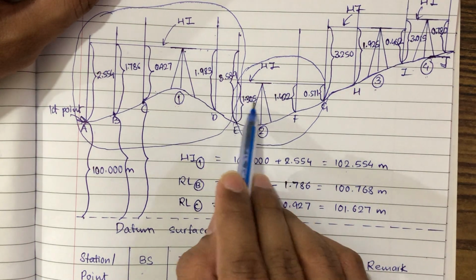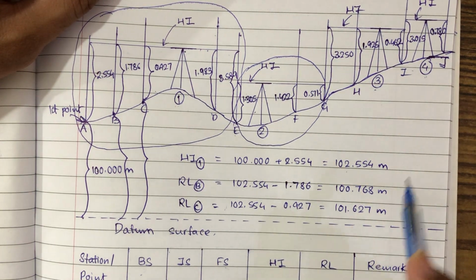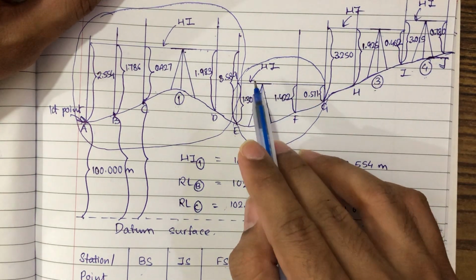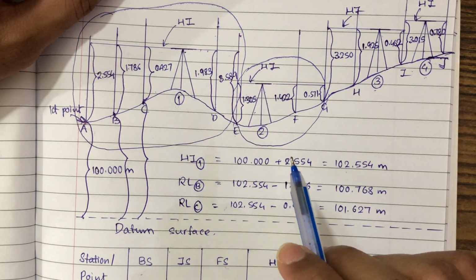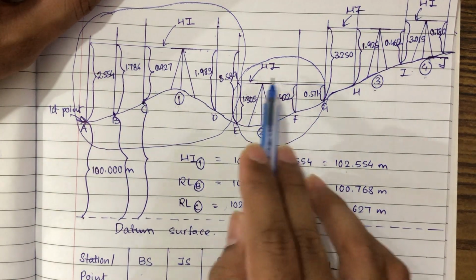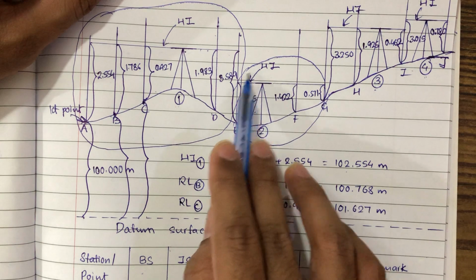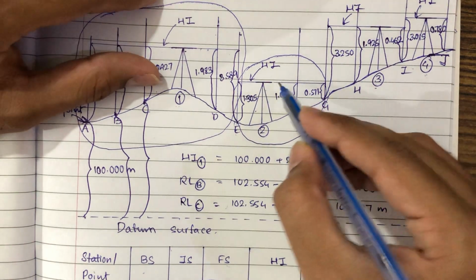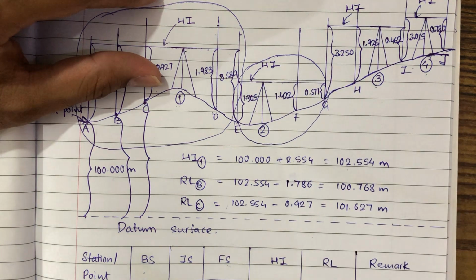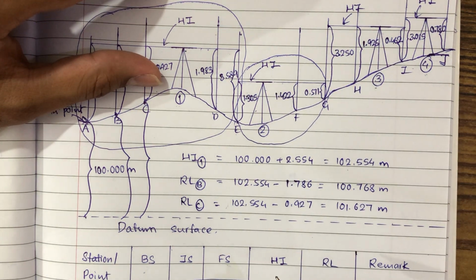So the first reading taken was this 1.305. When the instrument changed its position, it will get a new height, isn't it? Earlier height was this. Now the new height is this. This is the height of instrument. This will also be measured from the datum surface.